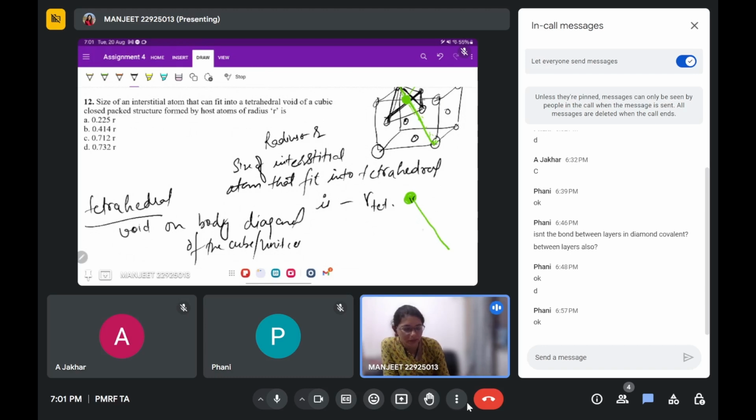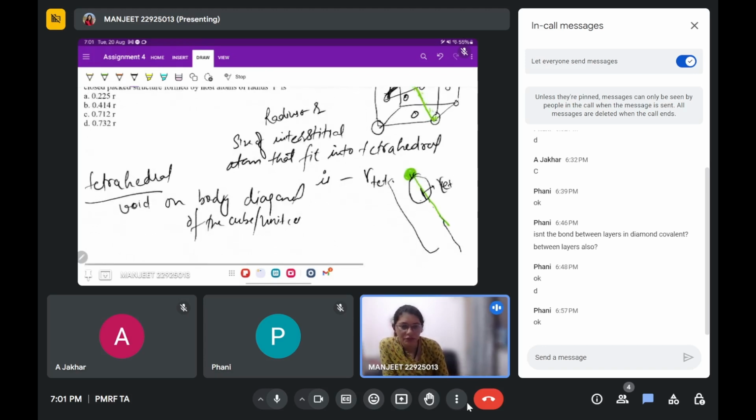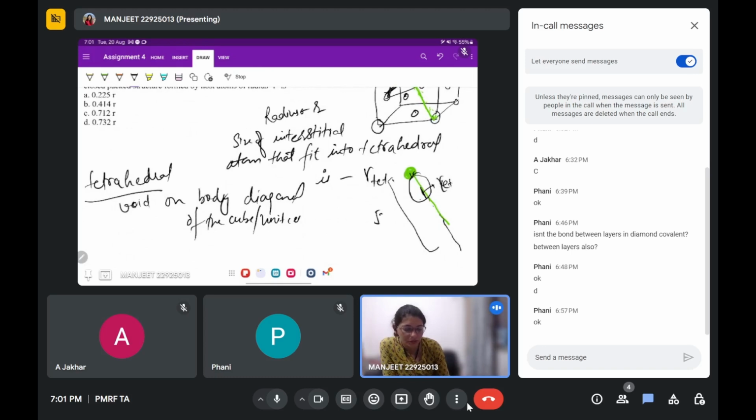This is not empty space. We have defined the radius of the tetrahedral one as R_T, and the total length of the body diagonal, what is the body diagonal of a cube? That will be root 3 a, and it exists at 1 by 4th of the body diagonal because it has the coordinate of 1 by 4, 1 by 4, 1 by 4.